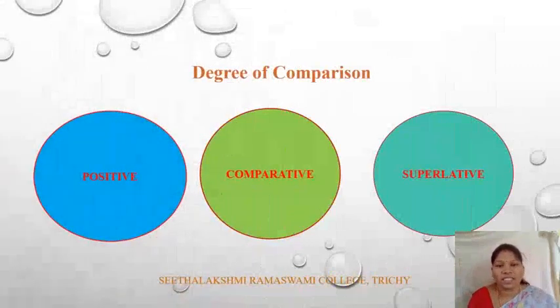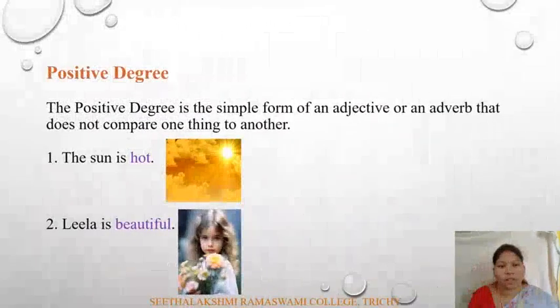There are three types of degrees. The three degrees of comparison are positive, comparative, and superlative. Here are some examples of each degree. First, we have positive degree. The positive degree is the simple form of an adjective or an adverb that does not compare one thing to another.